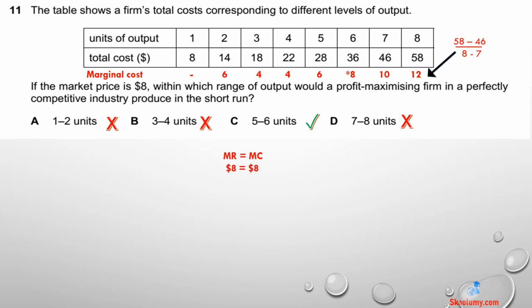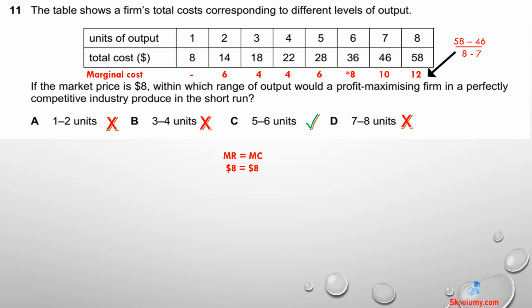Question 11. The table shows a firm's total costs corresponding to different levels of output. If the market price is $8, within which range of output would a profit-maximizing firm in a perfectly competitive industry produce in the short run? The correct answer is 5 to 6 units. The rule for profit maximization is marginal revenue equals marginal cost.